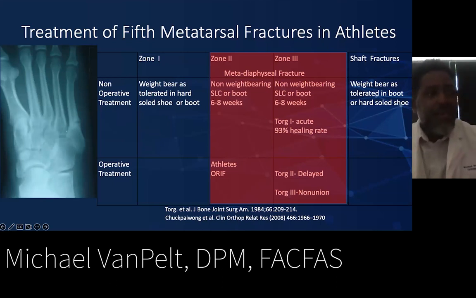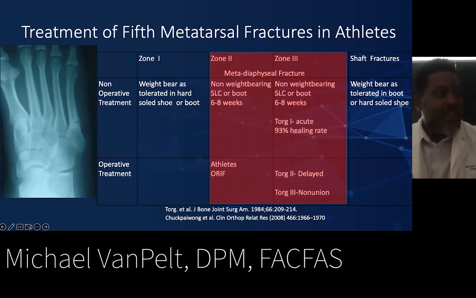And so with zone 2 and 3 injuries, often we will discuss immediate surgery, operative treatment. And these equate to Torg 2 injuries, in which you have a delay in healing.